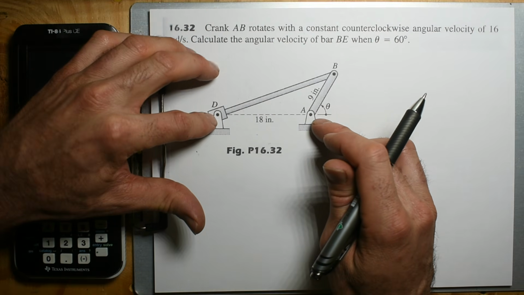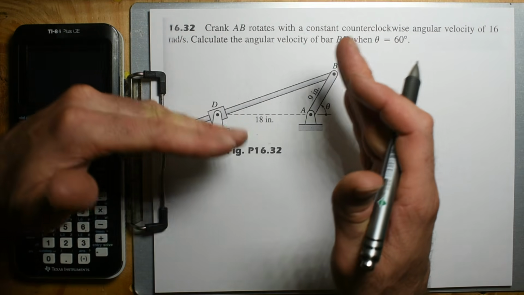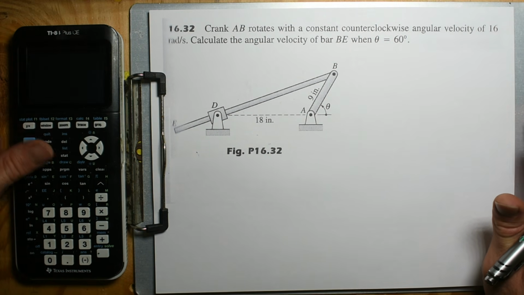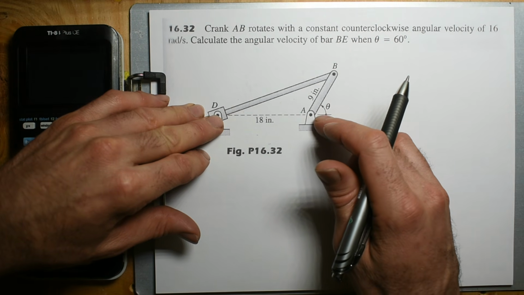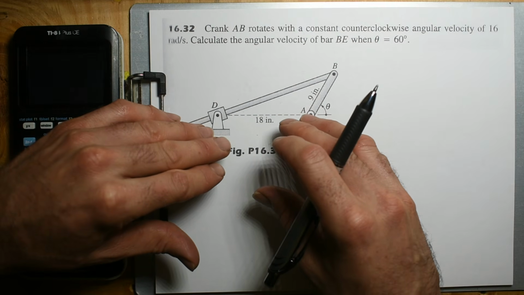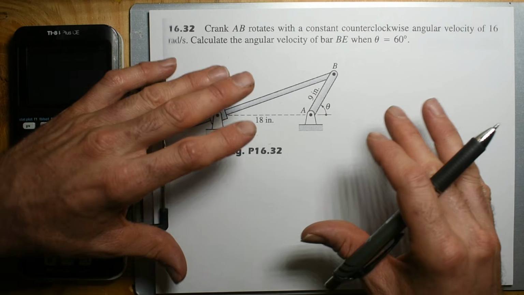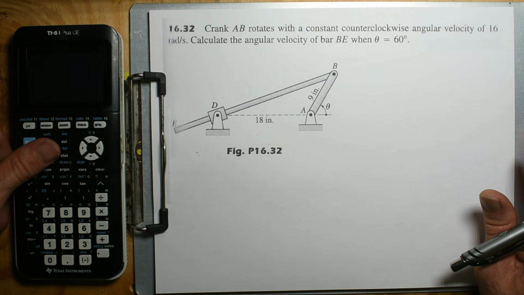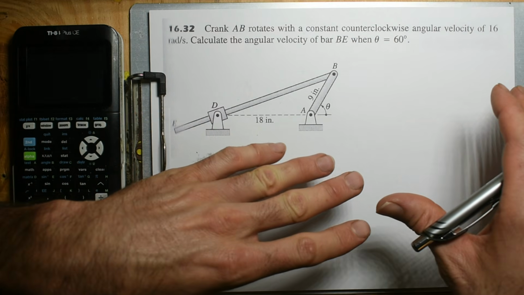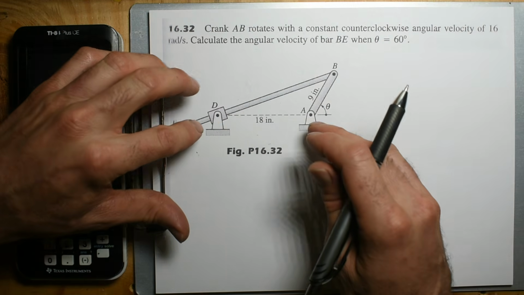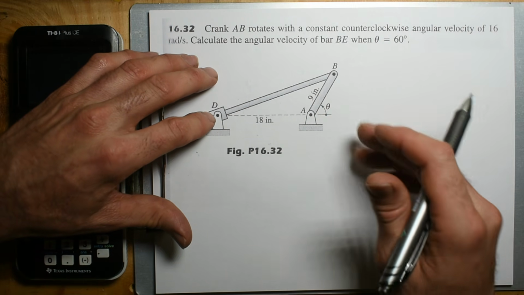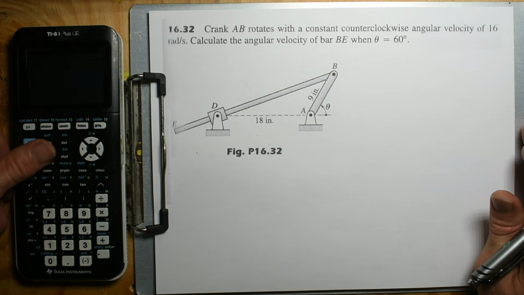Some of these problems, the trigonometry gets pretty complex to set up. The prerequisite is definitely knowing the derivation of the law of cosines from scratch, because if you don't know that, you're just using equations again and you're not going to get the juice.